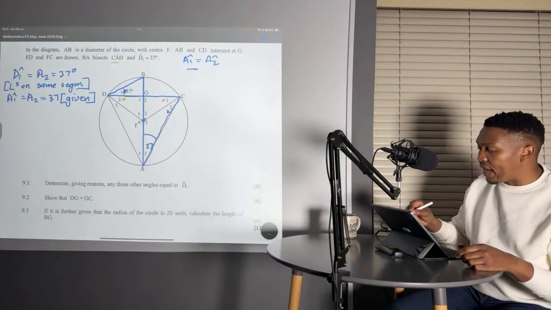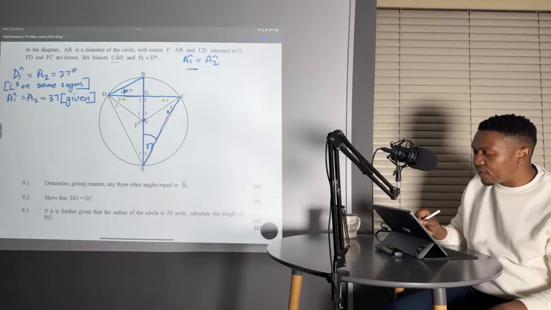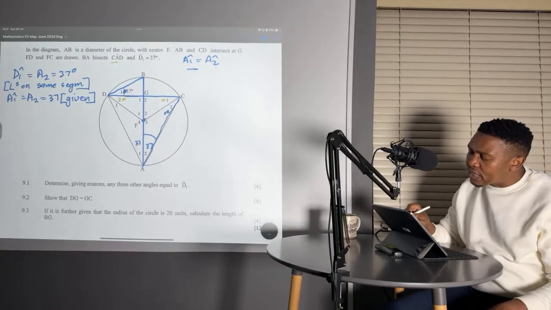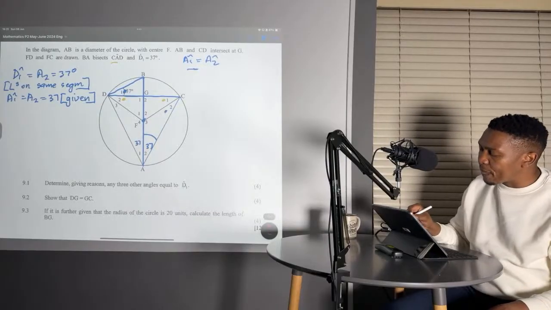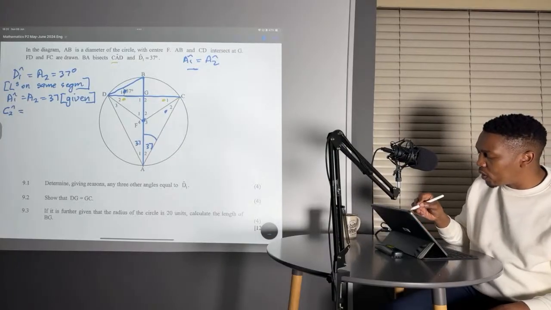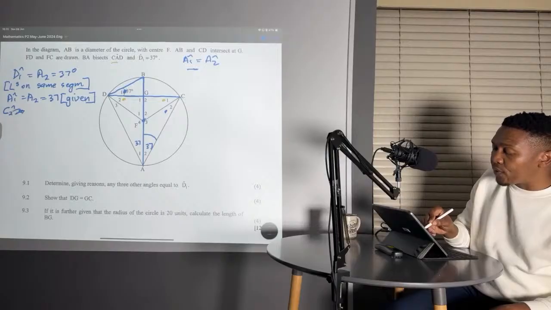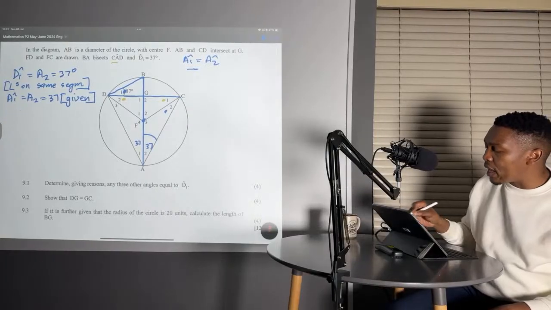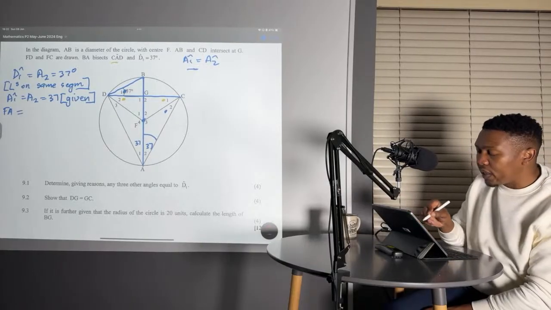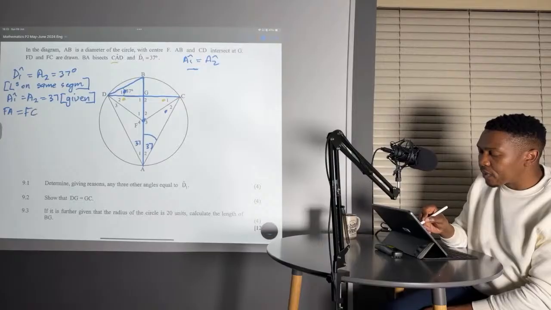Any other angle that is equal to 37? Now we know this guy is 37 degrees. So that also means that C2, remember, as I said to you, C2 is going to be equal to A2. In fact, firstly, we need to declare that those are radii, but we know that FA is equal to FC. These are radii.